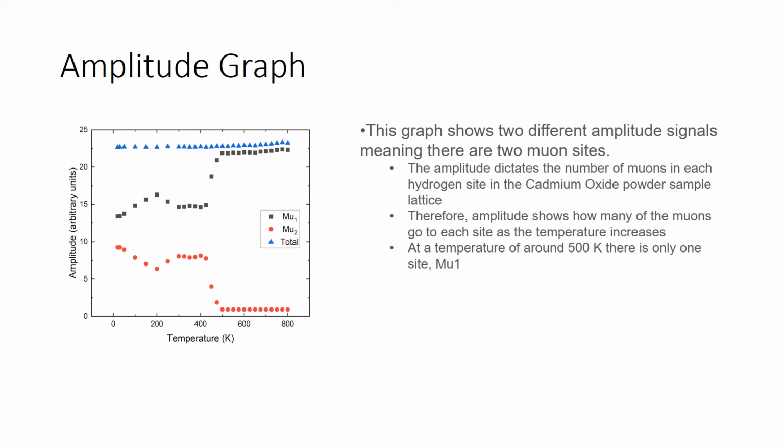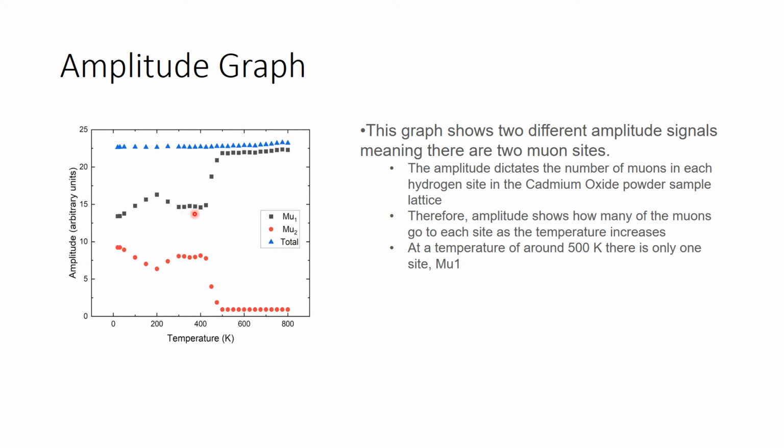So as the temperature increased in my specific fit of this cadmium oxide data, the muons seem to all go to one specific site, which was mu1, as seen here by the mu1 signal.